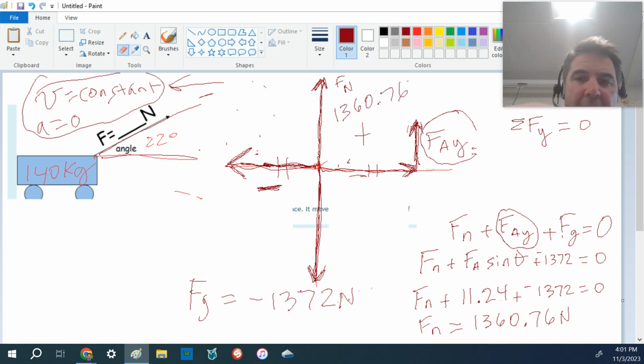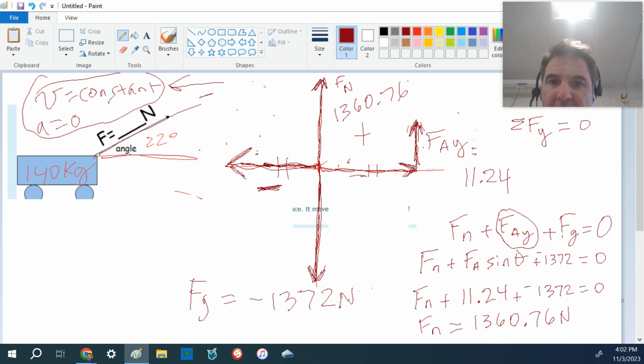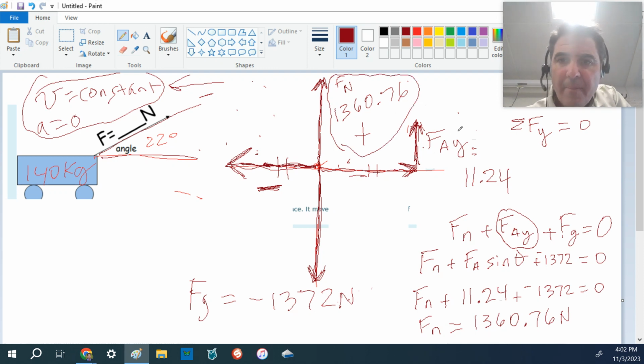And what is FAY? FAY is the other up one. So I have my two up ones, and I have my one down one. If you say FAY is equal to 11.24, then hopefully you can see that if you add these two together, you're going to get that.